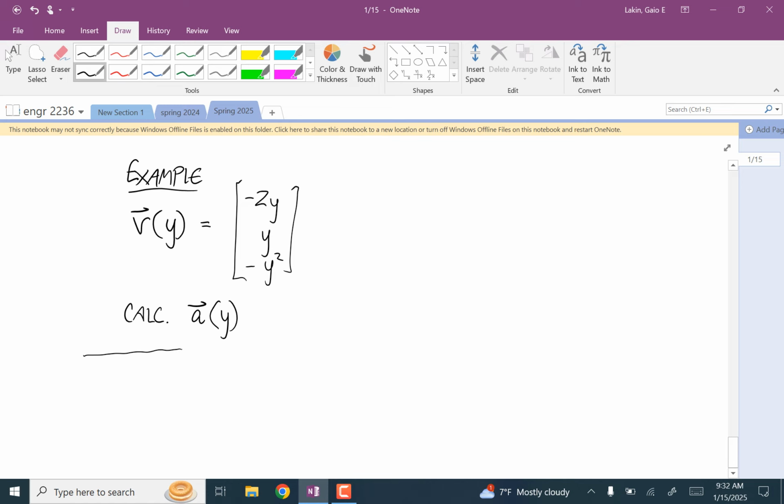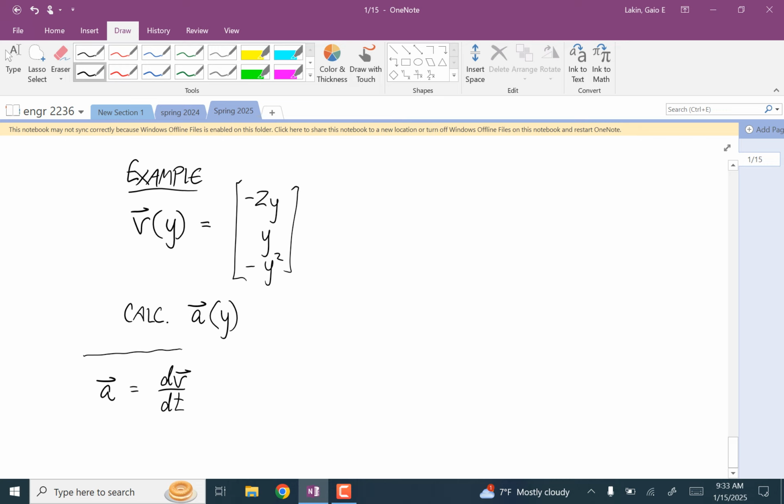So the way we're going to do this is the acceleration vector is always defined as the velocity dt. We can't do that though because we don't have anything expressed in terms of t.